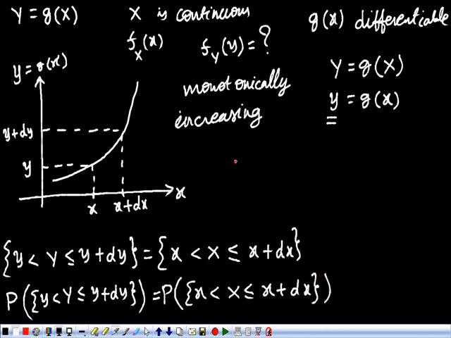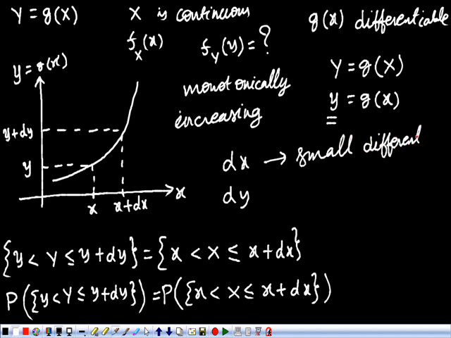Here dx and dy are small differentials, dx on x and dy on y. Now we try to find the relationship between f_Y(y) and f_X(x).